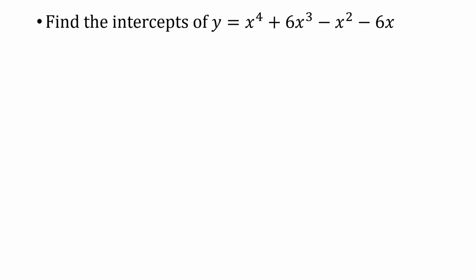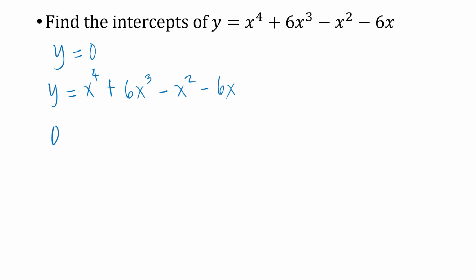So we're going to set y is equal to 0. Then we will rewrite the given equation. So y is equal to x to the power of 4 plus 6x cubed minus x squared minus 6x.